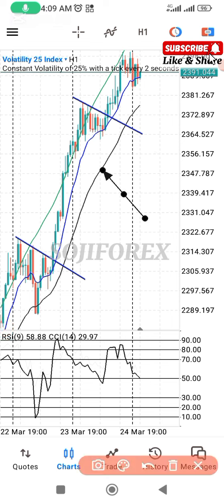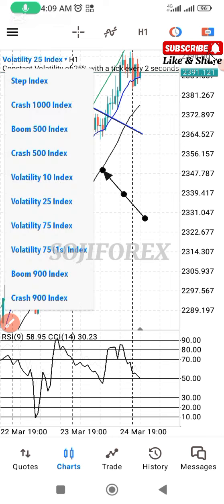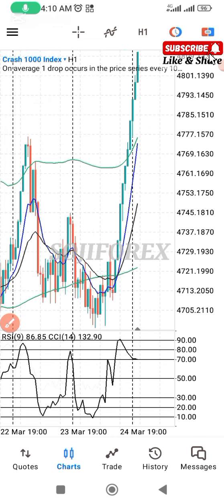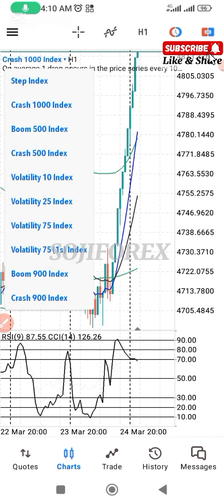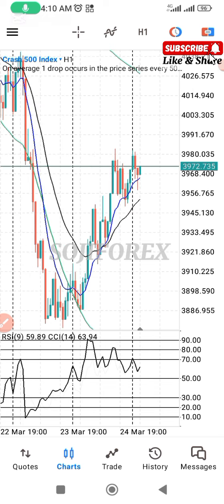You can now use your CCI to confirm. Your CCI will either be returning from the level of 50 or the level of 30, depending on the trend of the market.